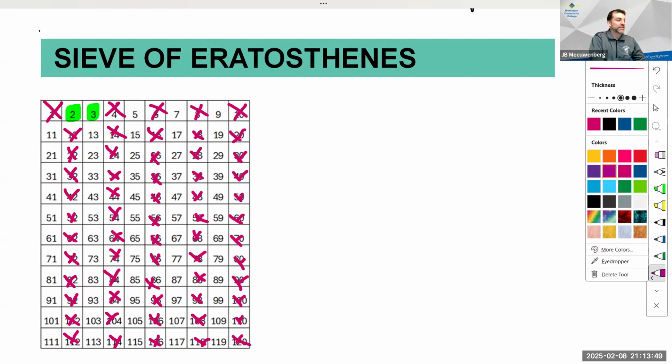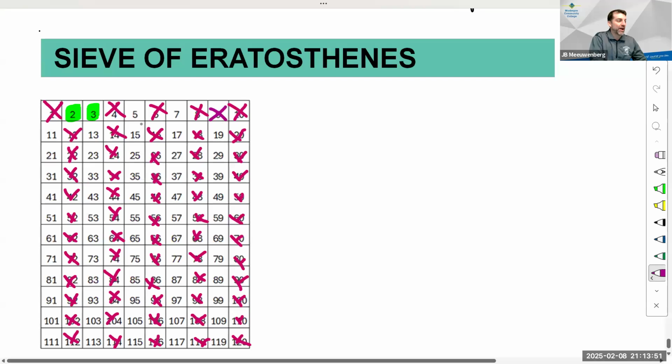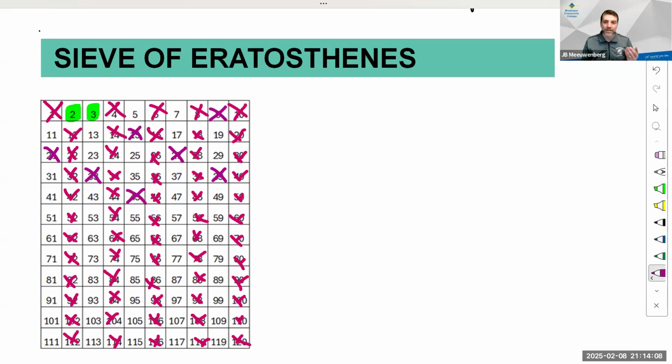So 3, and then 6, and then 9, and then 15, and then 21, right? Now that they're spaced out a little bit, and you're counting by 3s, it's like every other one is going to get crossed off. So I'll go ahead and complete that on my own. All right, so the 3s are done.